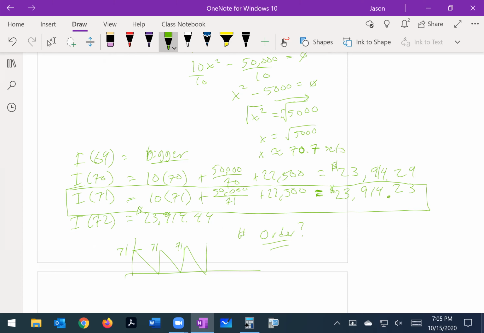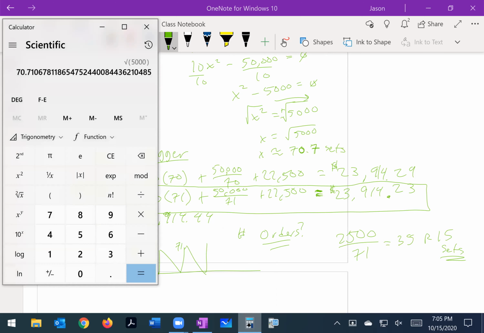Number of orders. So what's 2,500 divided by 71? That goes in 35 times with a remainder left over, about 0.21 of 71.